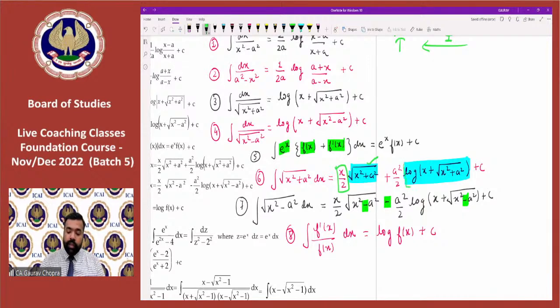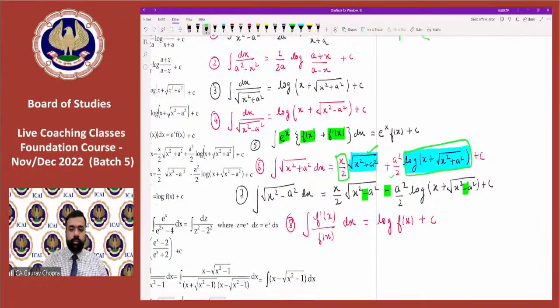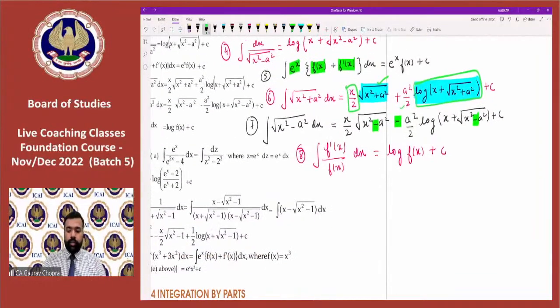After that, again, we have taken this portion from third formula and then multiplied with a square by 2. So in this way, you can connect the formulas. You can have a bond between the formulas and then learn. All right.